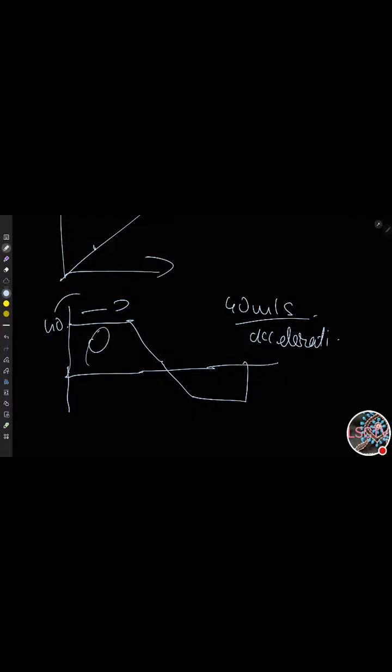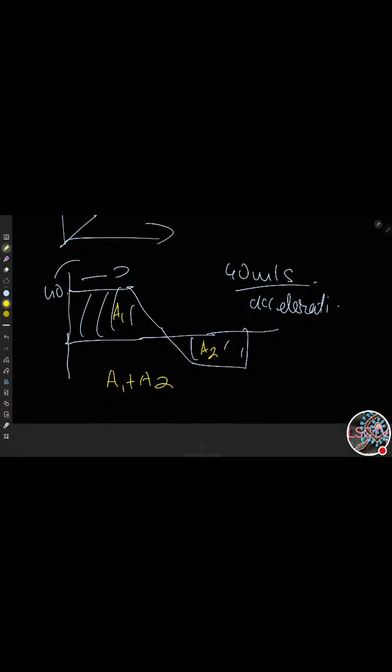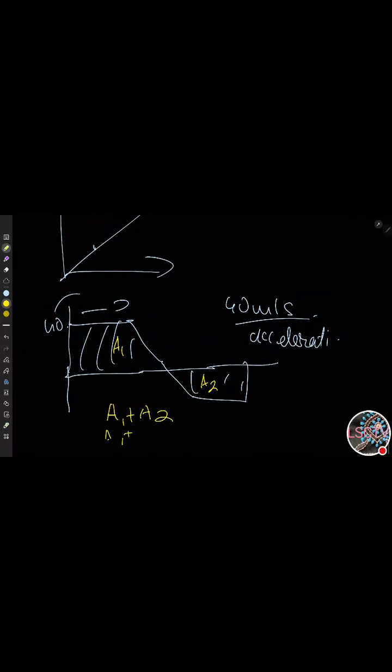But remember this area and this area together sum up. This is A1, this is A2. A1 plus A2 ignoring the minuses, you get distance. A1 plus A2 with minuses, you get displacement. Simple guys. Chapter finished.